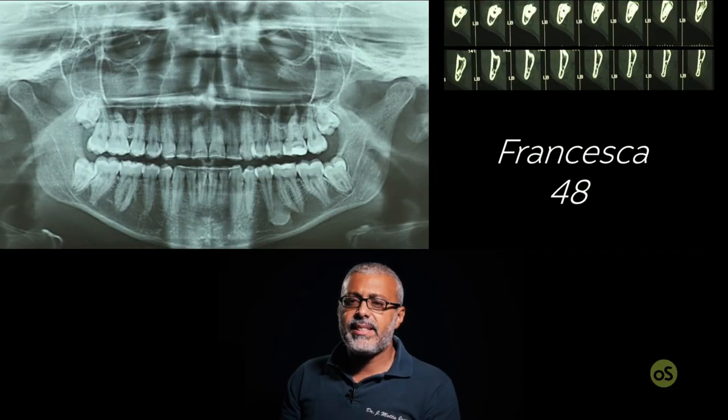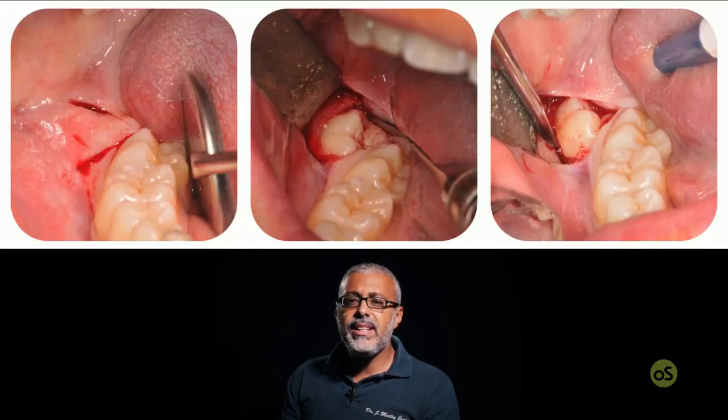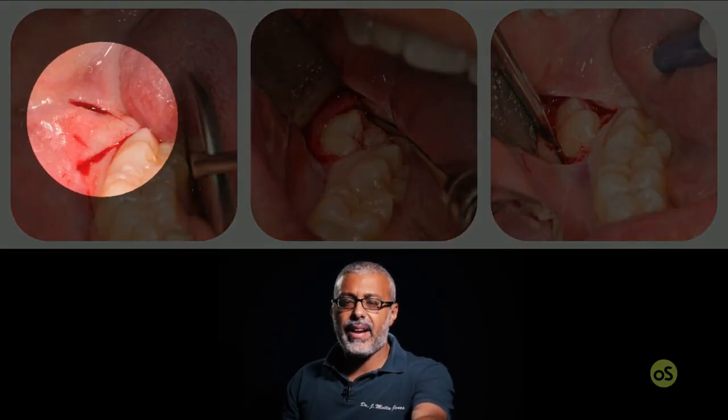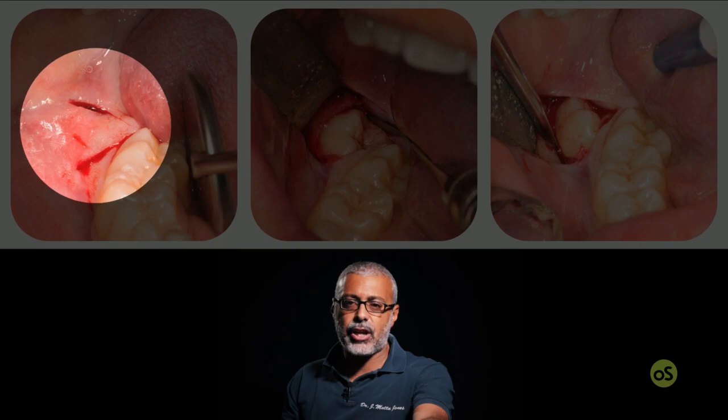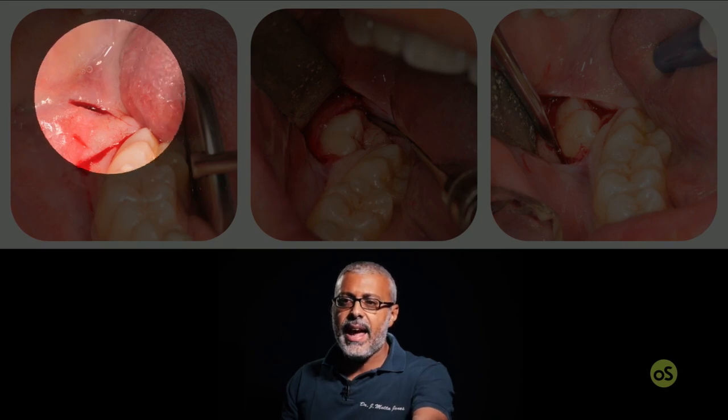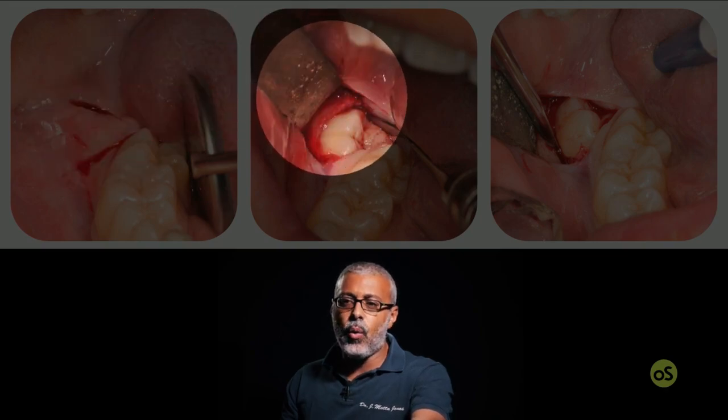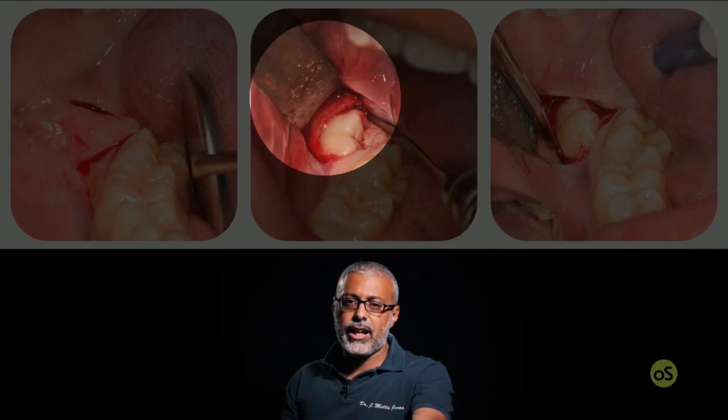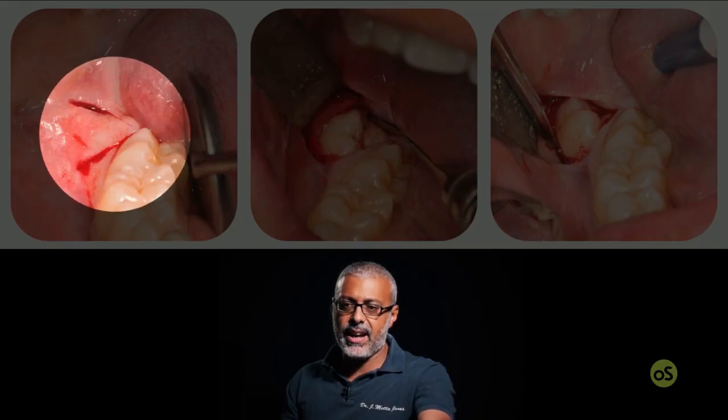Let's look at this case, a 4.8, and we see that the design of the flap is actually a triangle, and the only working space is obviously given by the base of this triangle.